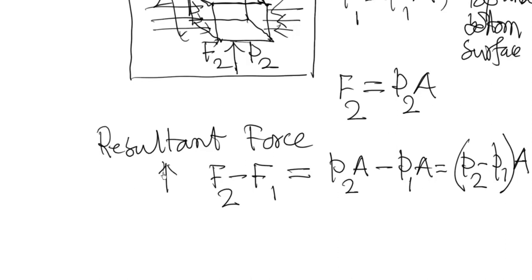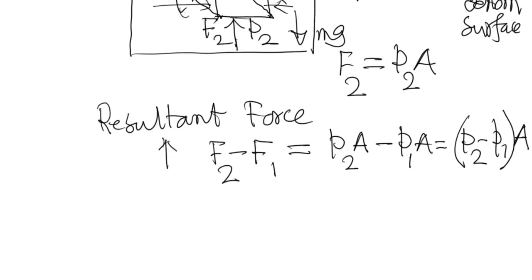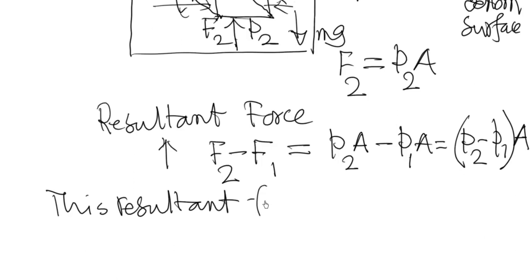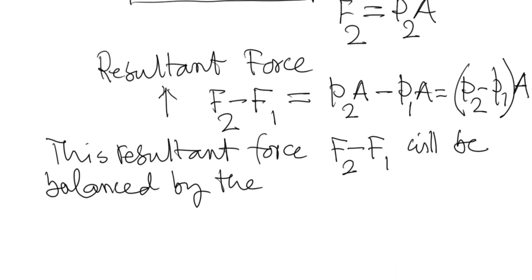This upward force will be balanced by the weight of this sample of the fluid, and the weight of the fluid acts in the downward direction, and this is mass into acceleration due to gravity. Since the fluid is in equilibrium, this resultant force F2 minus F1 will be balanced by the weight of the sample fluid.